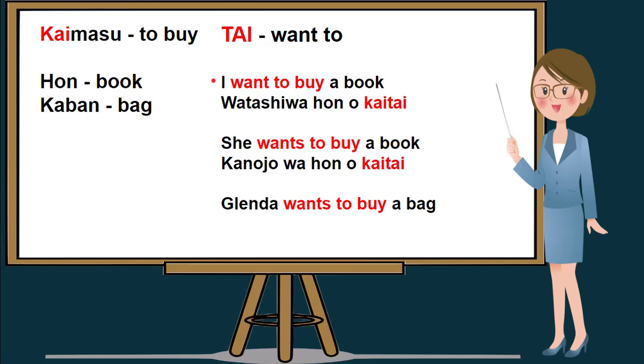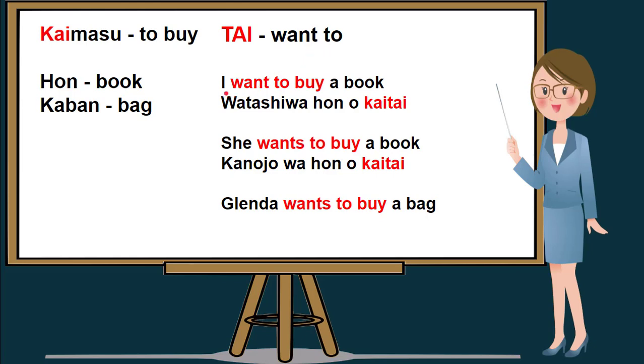In my first example, I want to buy a book. Want to buy is kaitai. So we will just change masu to tai to form want to buy.